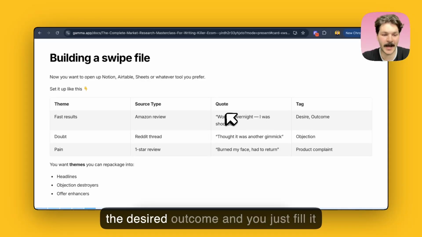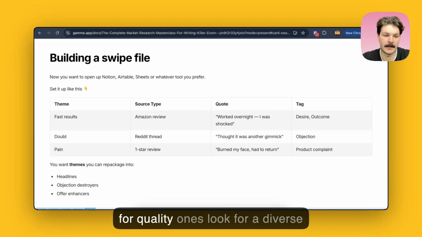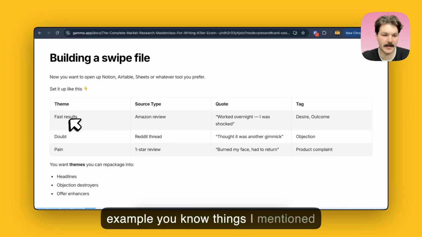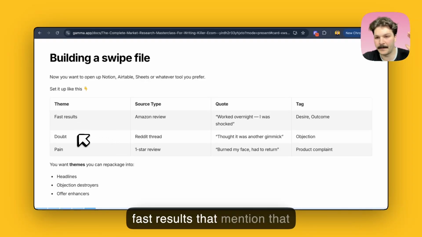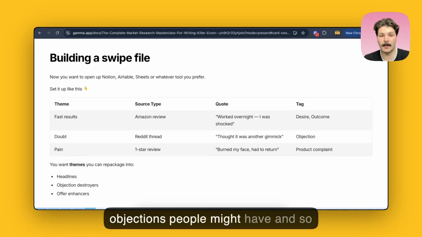This person got the desired outcome. And you just fill it up. You get as many as you can. Look for quality ones, and look for a diverse spectrum of these reviews. So, for example, things that mention fast results, that mention doubts or pain points or objections people might have.